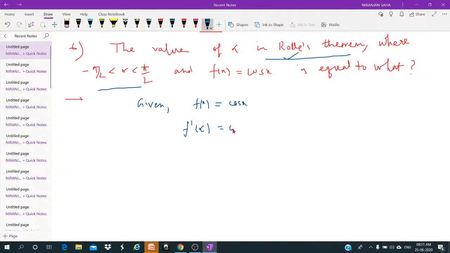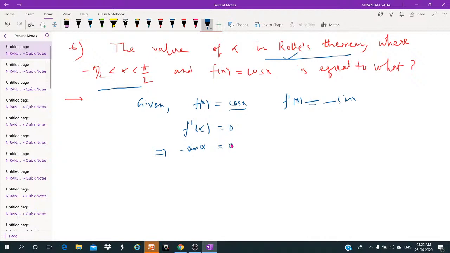So the first derivative of f(x) is minus sin x. Now if we put alpha here, then this will be minus sin alpha equal to 0.